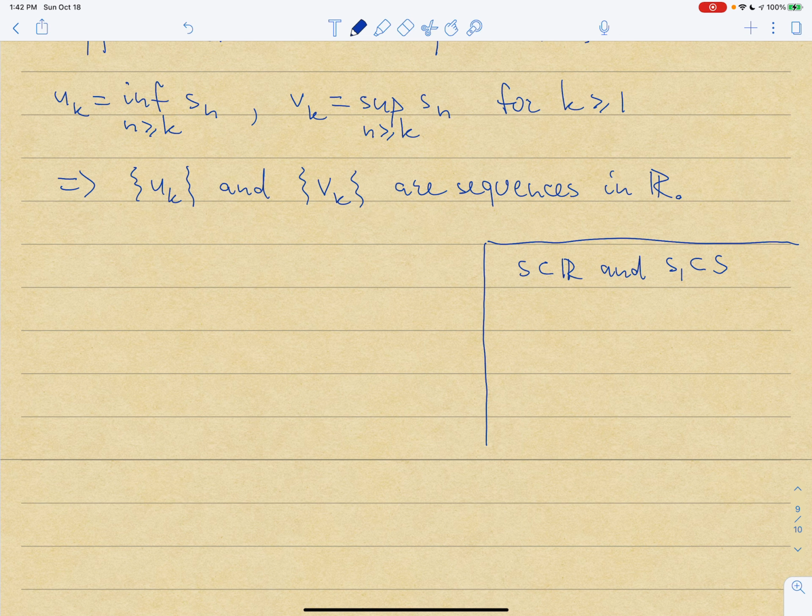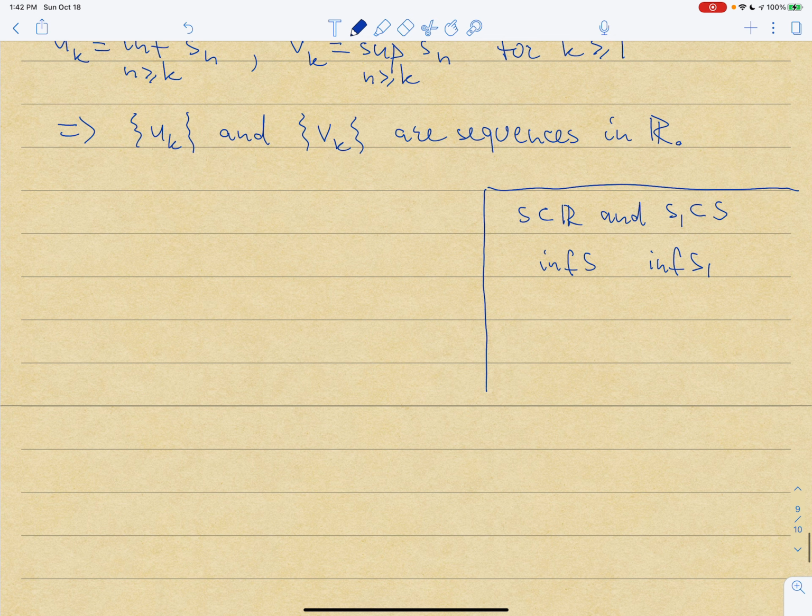And the question is, if I take infimum of S and I take infimum of S1, would I be able to relate these? If I take supremum of S and I take supremum of S1, can I relate those? Well, let's think about it. What is infimum of S1?